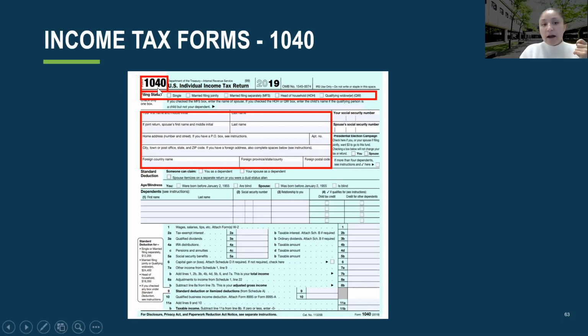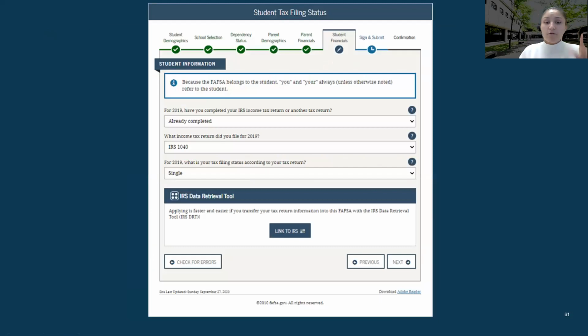So depending on how you filed, you want to make sure to click on that option on your FAFSA. So everything needs to match up. Our example filed single. So whatever type of way that you filed, make sure to identify that here.